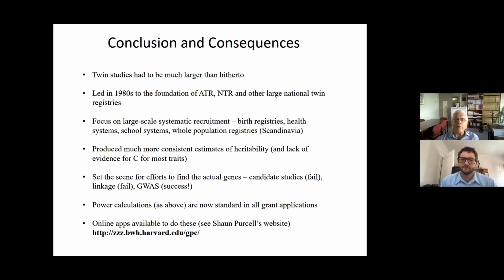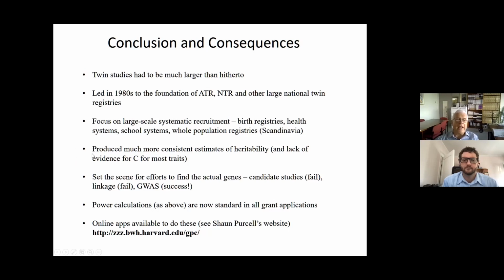And I know it was a pretty strong motivation as well in the foundation of the Netherlands Twin Register by Dorret Boomsma, and I think a stimulus to the formation and expansion of other large national twin registers, and indeed, trying to focus on how we could get large-scale systematic recruitment to these registries through birth registries, health systems, school systems, which is what we used in Australia, or whole population registries, which Scandinavia was particularly well equipped for.